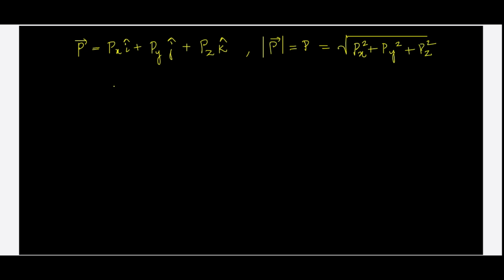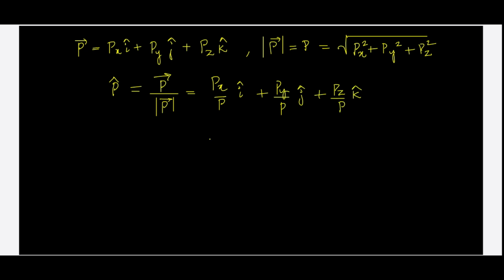Okay, and then you can also define P cap, which is the unit vector along the direction of P, which is vector P divided by the magnitude of the vector P. So this is Px by P i cap plus Py by P j cap plus Pz by P k cap. Now that is the unit vector along P.